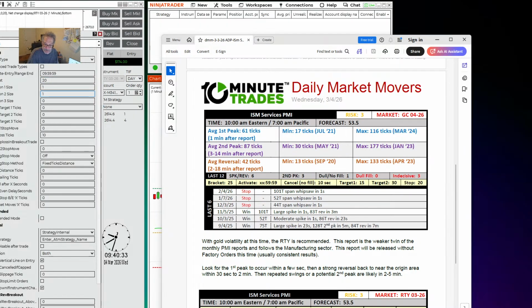Target 1 is only 8 ticks. I'm going to make it 10. And target 2 is 20. It's not been a big mover. So target 1 is 10, target 2 is going to be 30, though, because if it's a big mover today, let's manage out of it.